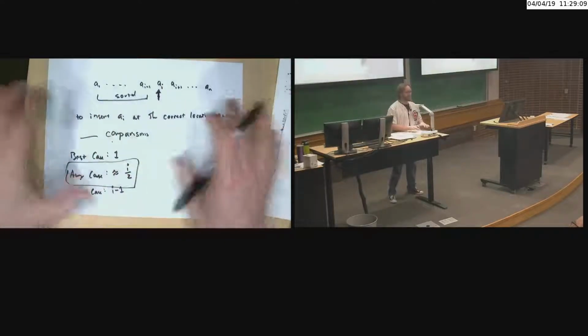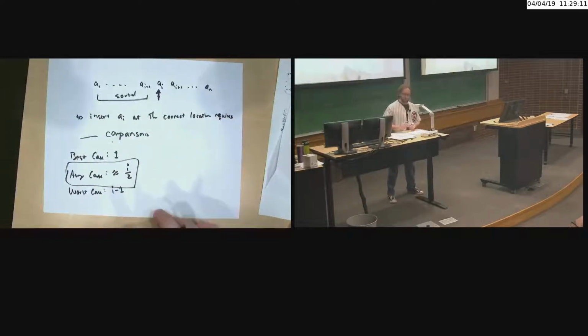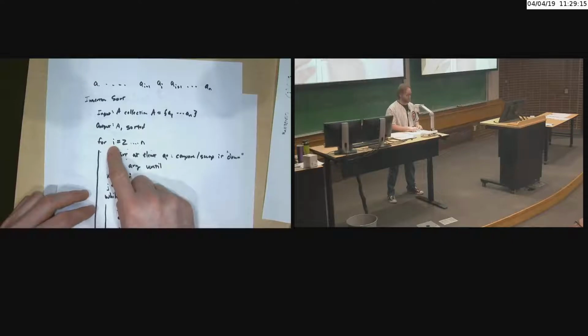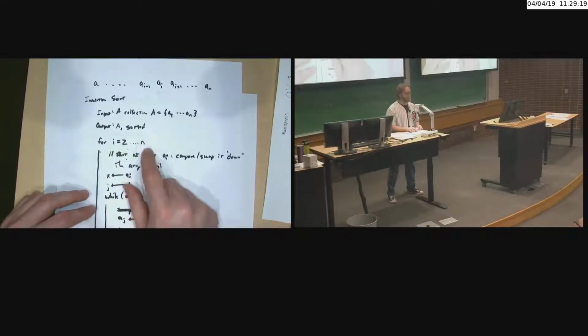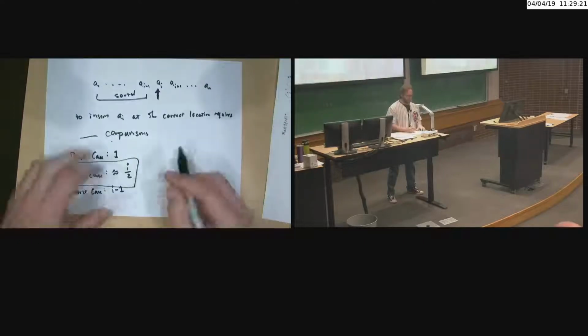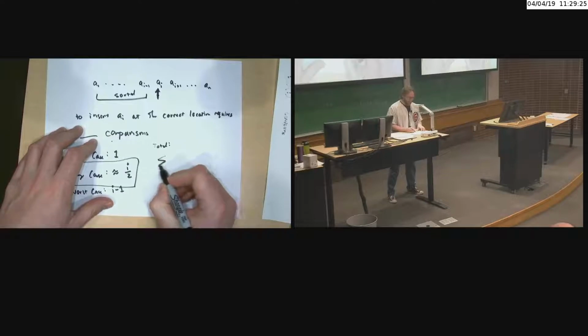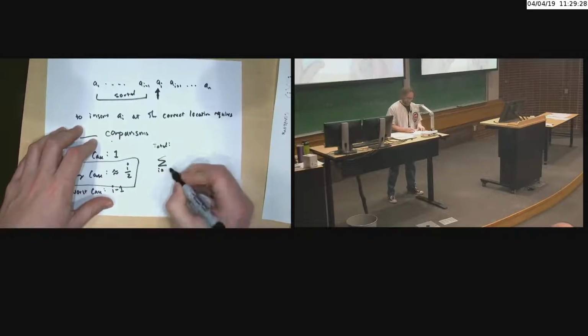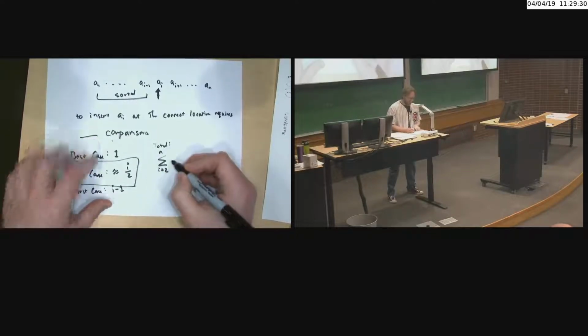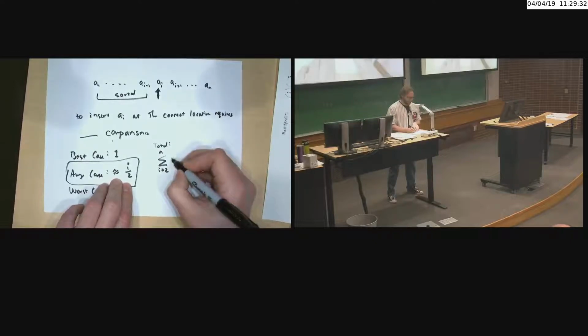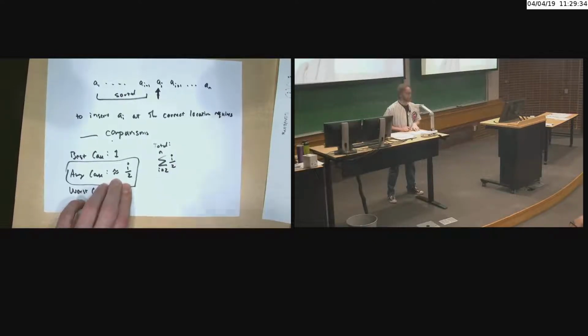Now, this was just one iteration. You do this iteration how many times? You do it for I being 2, 3, 4, 5, 6, all the way up to n. So in total, if I were to do this, then I would be running from 2 up to n of, and we'll take the average case complexity here, I over 2.